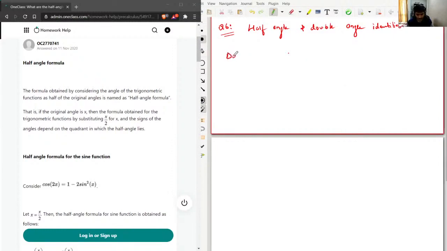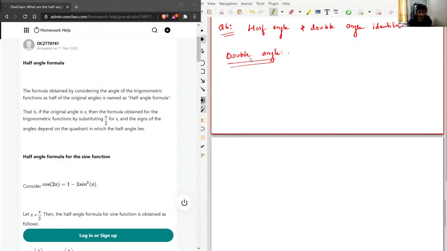So for example, if you have sine of 30 degree, cosine of 30 degree and tangent of 30 degree, and you want to calculate the trigonometric ratios for 60 degree, which is double the angle whose trigonometric ratios you already know, in that case we use double angle identities to find the trigonometric ratios for double the angle.